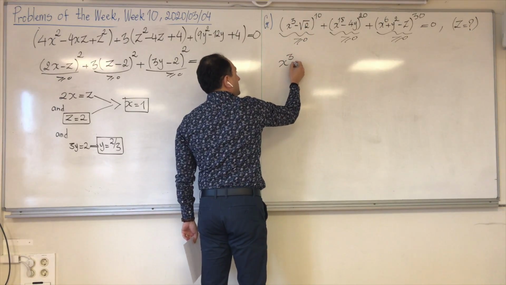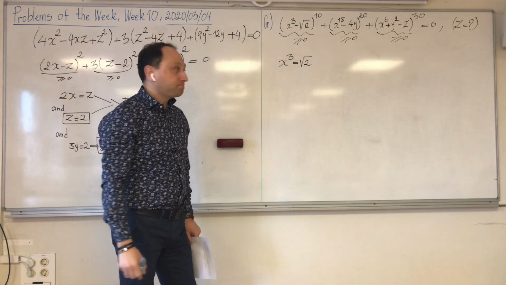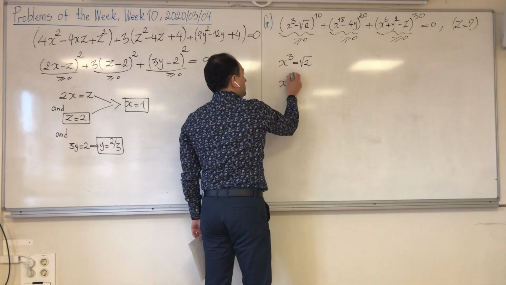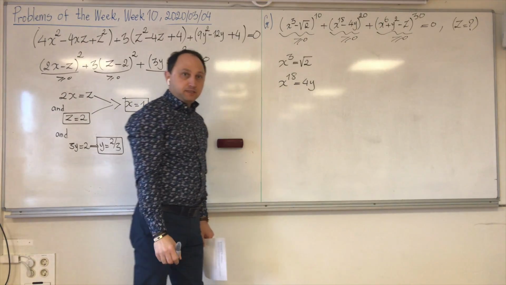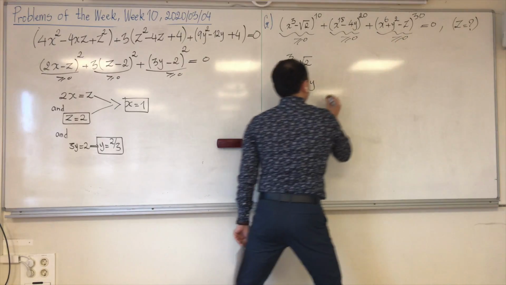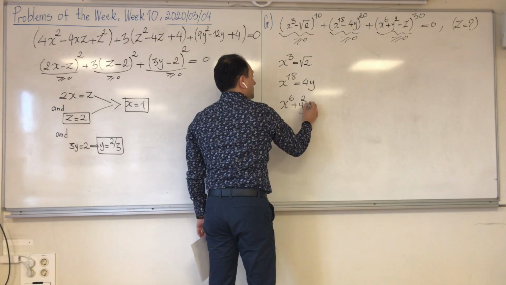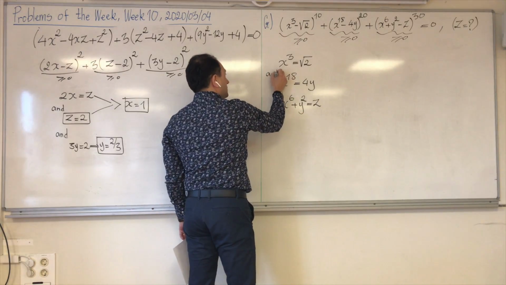So x to the 3 has to be square root of 2, yes? This means that x to the power of 18 is equal to 4y, yes? And this means that x to the power of 6 plus y squared is equal to my unknown z. And then the conjunction is and.